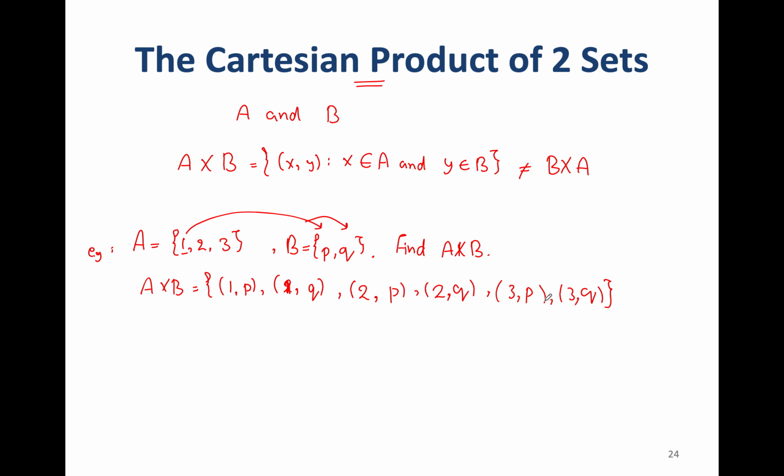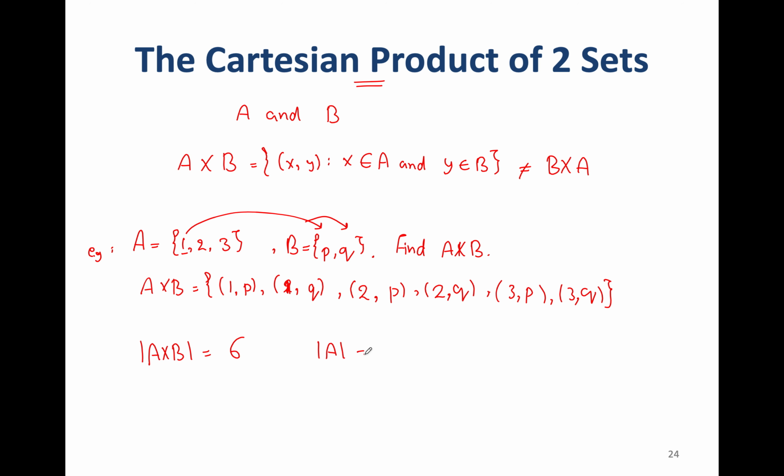So if we look here at the number of ordered pairs in our set, the cardinality of A cross B, we got 1, 2, 3, 4, 5, and 6. And if we try to connect the cardinality of A cross B and the cardinalities of A and B, let's check.